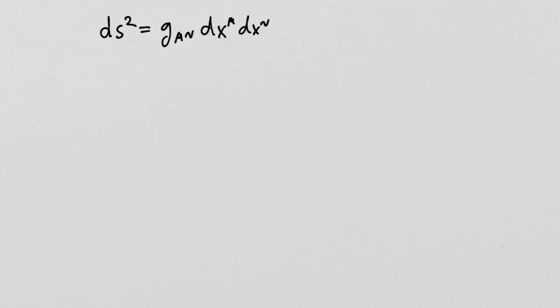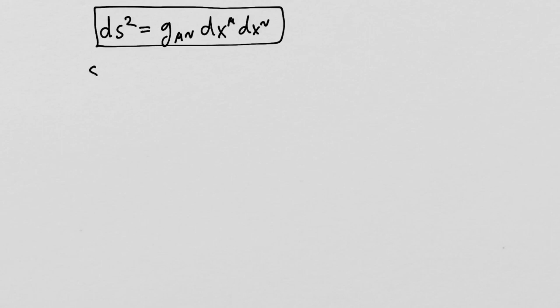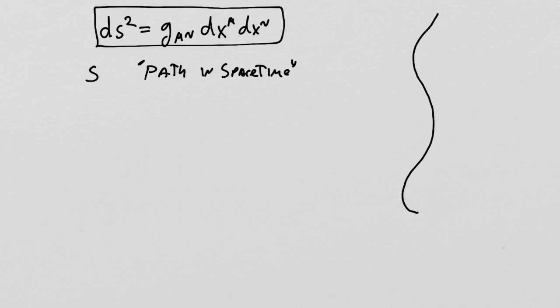So let's talk about how to actually use the line element to calculate a finite distance s along a path in space-time. We remind ourselves what a path in space-time is, and I will draw an arbitrary one here. We did a lot of discussion about this in our geodesics lecture, and it was pretty comprehensive.